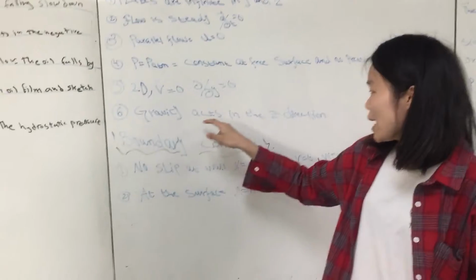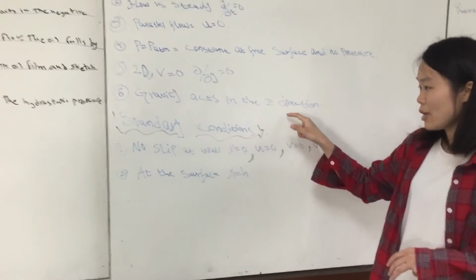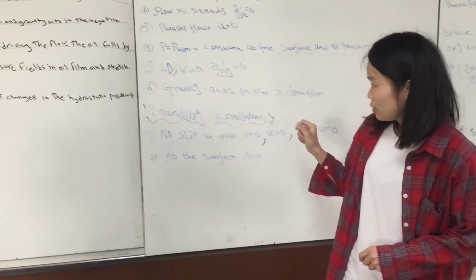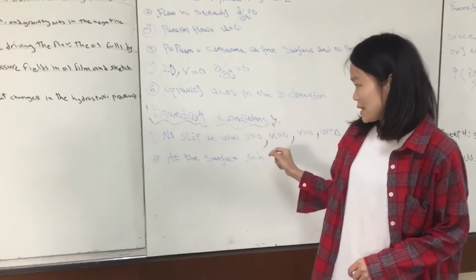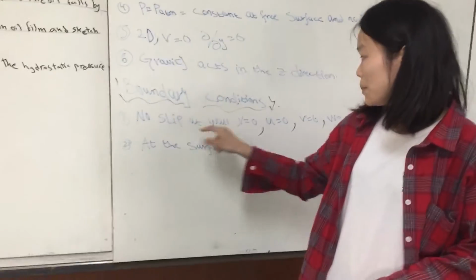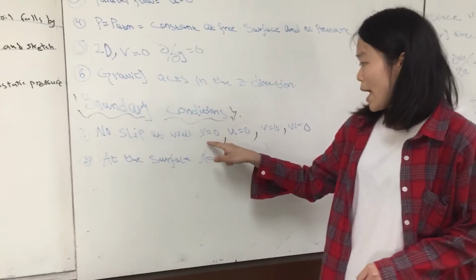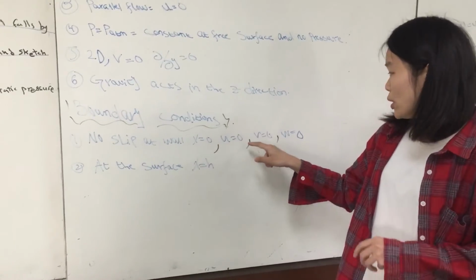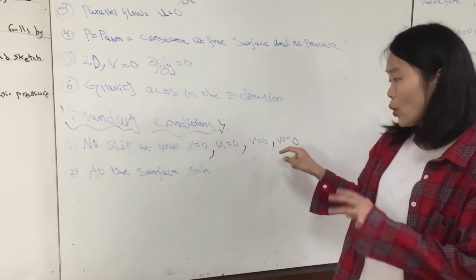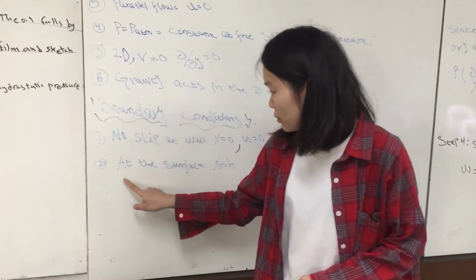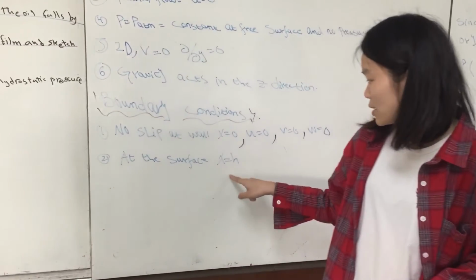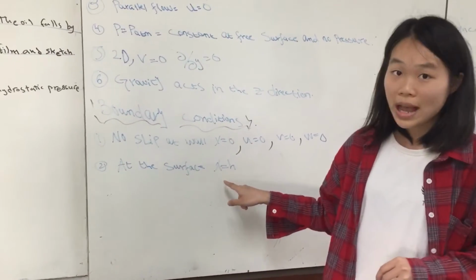Sixth, gravity acts in the z direction. And then the boundary conditions. The first is no slip at the wall, so at x equals 0, u, v, w all equal 0. And then at the free surface, x equals h.